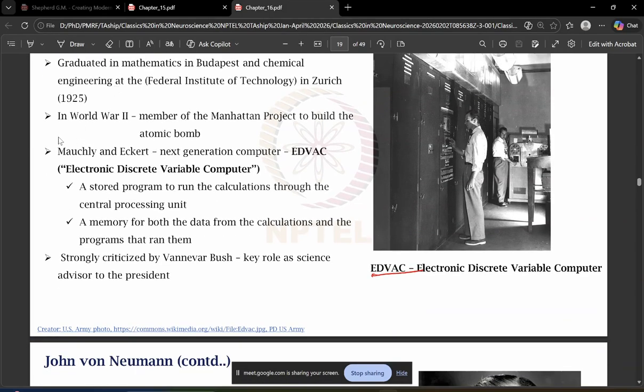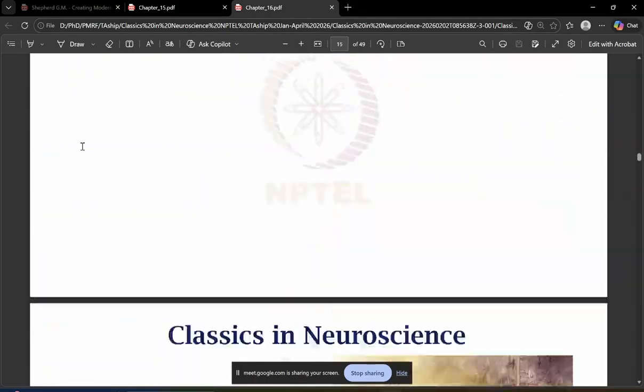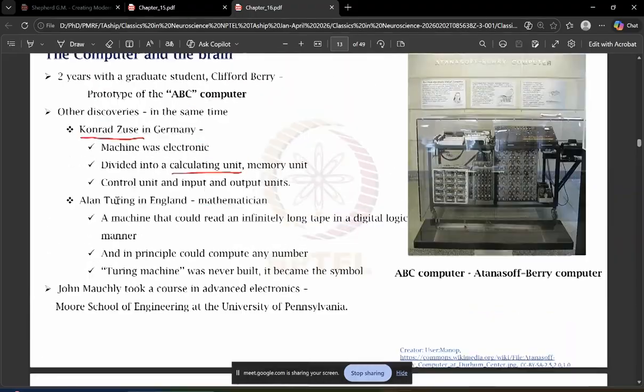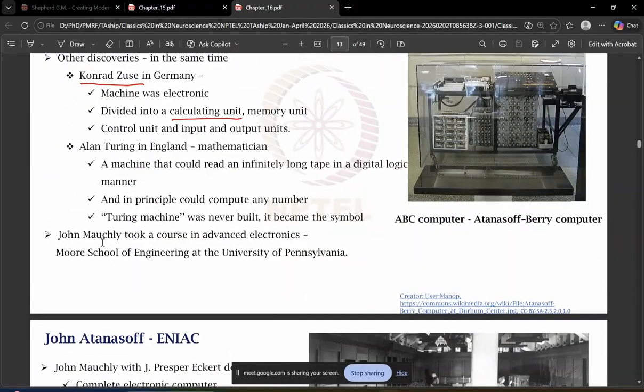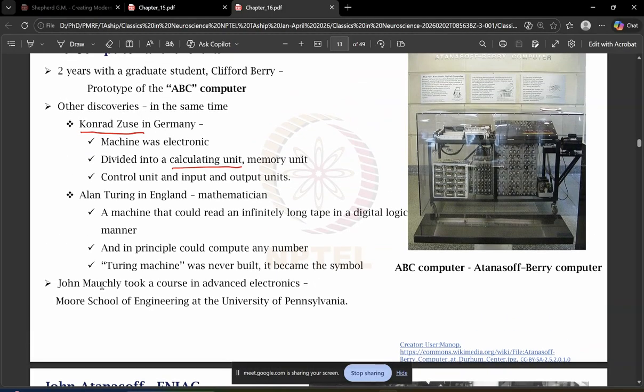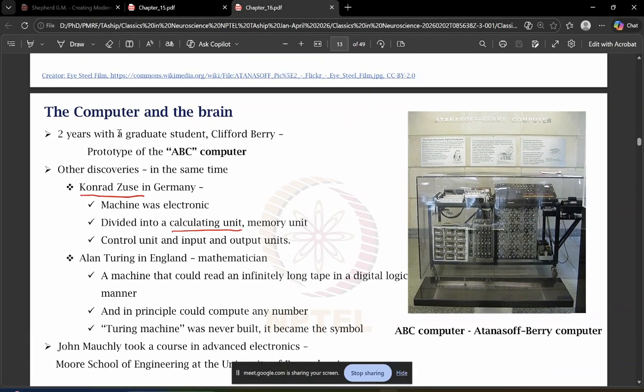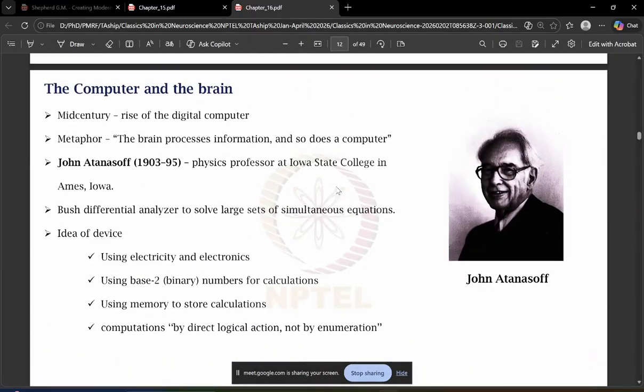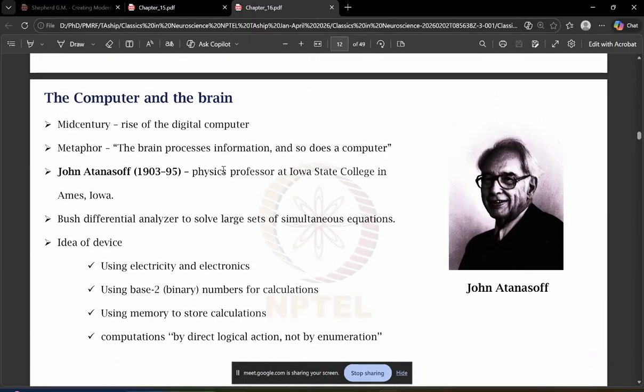So we discussed John Mauchly, right? We discussed how John Mauchly was someone who was trying to understand climate and perform lots of calculations for that. And he had taken interest in the digital computer that was proposed by John Atanasoff, right?